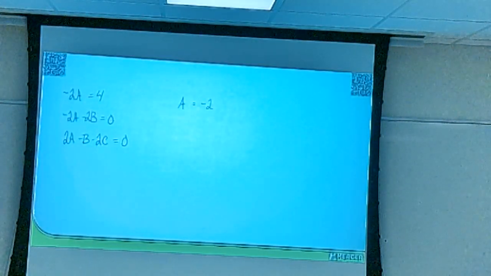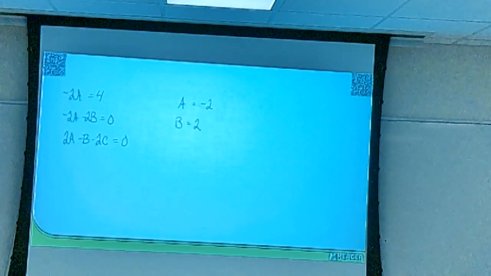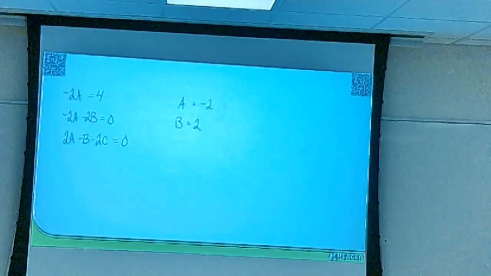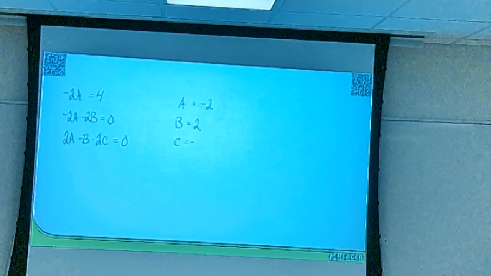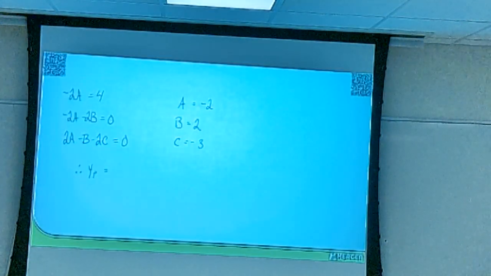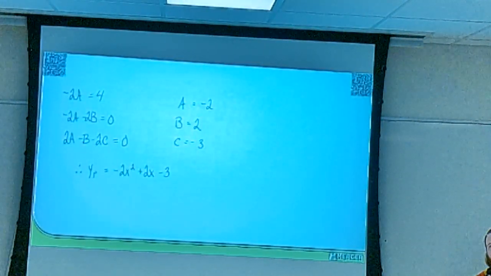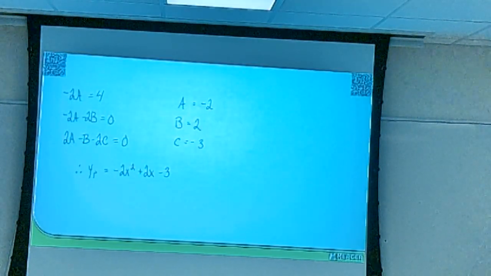We're going to have a has to be -2, right? That's from the first equation. Doesn't that mean that b has to be 2? And if you plug those 2 values into the third equation, you'll get c has to be -3. There's your particular solution: -2x² plus 2x minus 3.